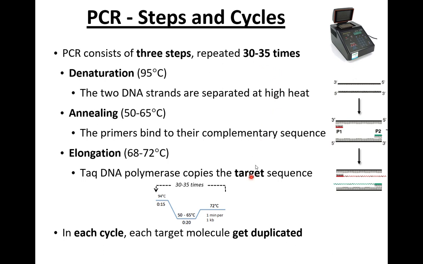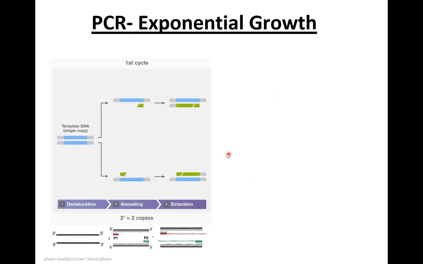So what happens here? Now you have that in each cycle, theoretically, every molecule gets duplicated. You can visualize it here. So imagine this being your first cycle. This is your template DNA with a target sequence here, which is the blue sequence here. So in the first step, you would have your denaturation, annealing, so the primers would then bind to the target sequence there, and then elongation.